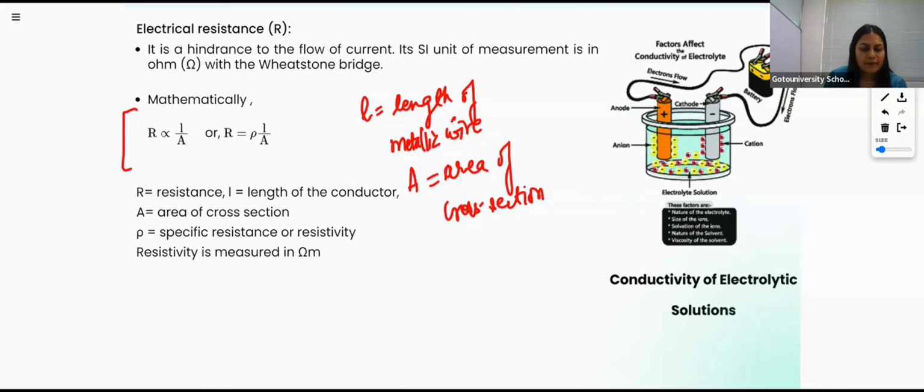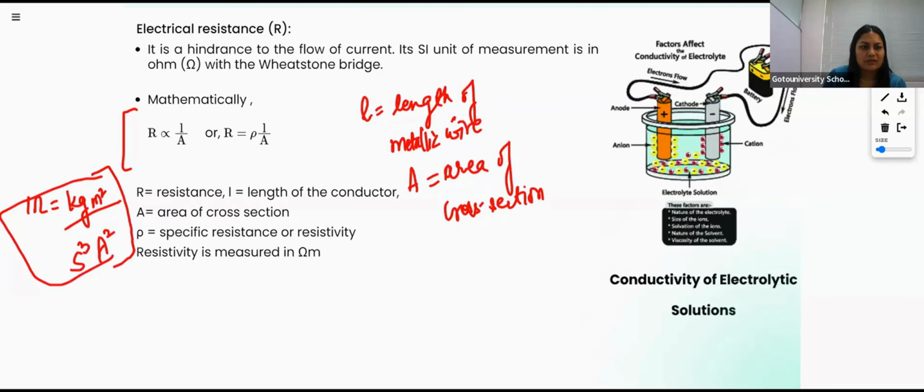So 1 ohm is equal to kilogram meter square upon siemens cube per square. All right, so this is the unit for calculating electrical resistance.